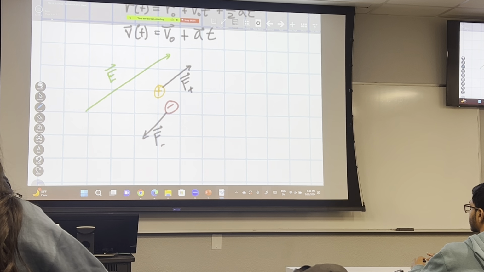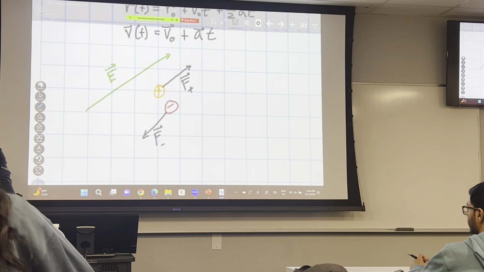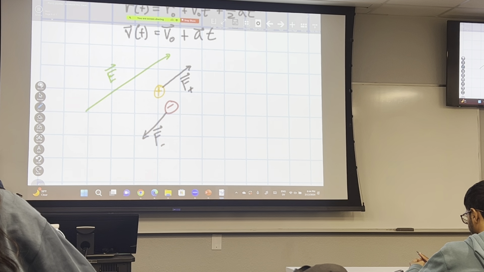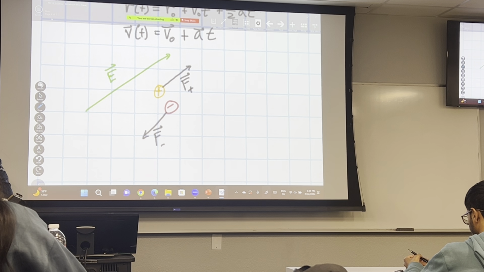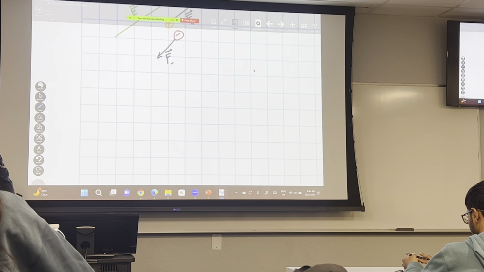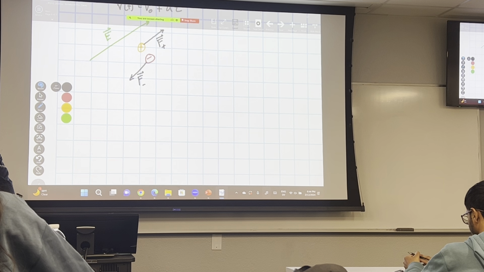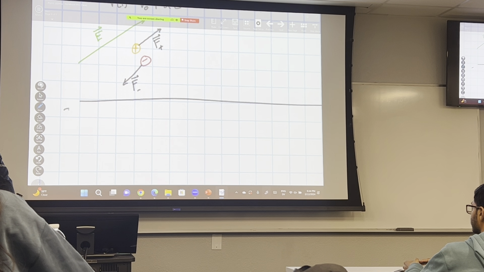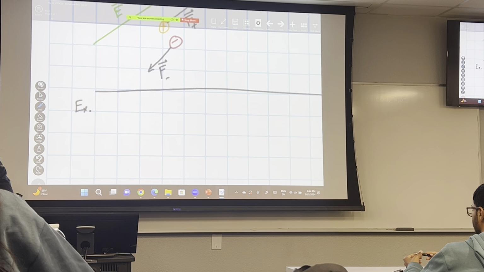Once again, it was kind of by convention. So if it's positive, it goes with the electric field. If it's negative, it goes against the electric field. Now with this, let's do an example. Let's say you have 2 electrodes.